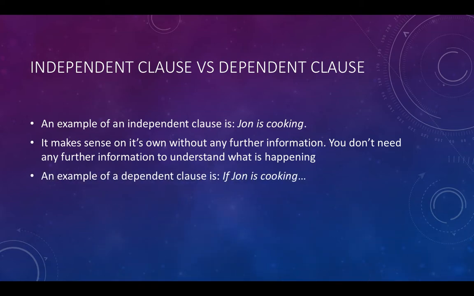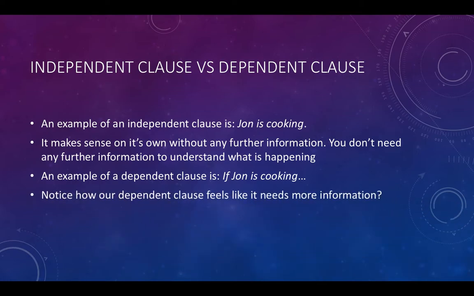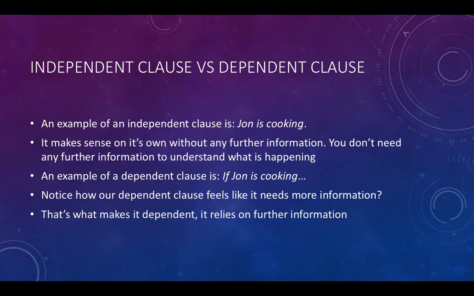An example of a dependent clause is, if John is cooking. Notice how dependent clauses feel like they need more information? It almost feels incomplete. That's what makes it dependent. It relies on further information.